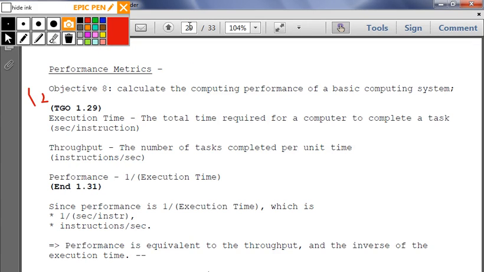Yes. Okay, so the key thing I found is that students really struggle when they're doing performance questions because they have a really hard time keeping track of what equations to use in what situations. So this is why I'm going to hammer the definitions of execution time and throughput, and you can start seeing here that performance is 1 over execution time. And I'm going to really go into what a cycle per instruction is, really break it down.